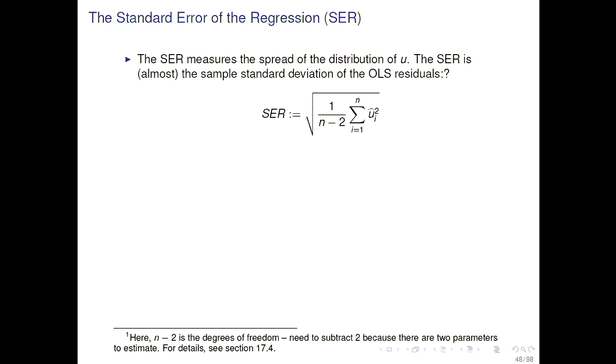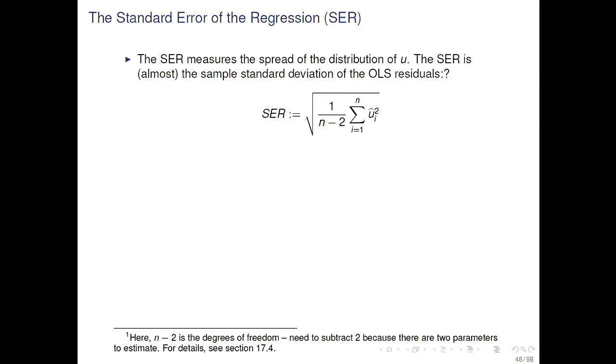So we fix 2 points. When you draw the regression line, you need to have at least 2 points, right? So you are losing degrees of freedom. That's why you divide by n minus 2. And this is the definition of SER.